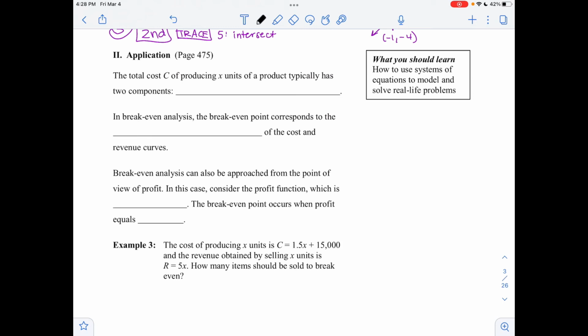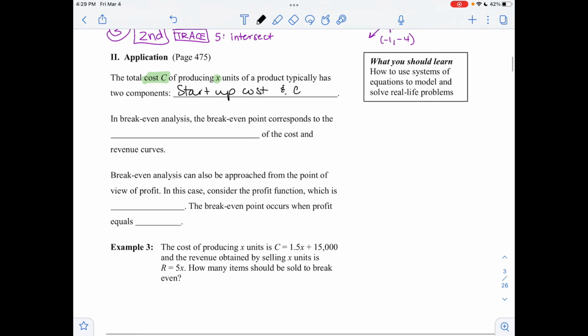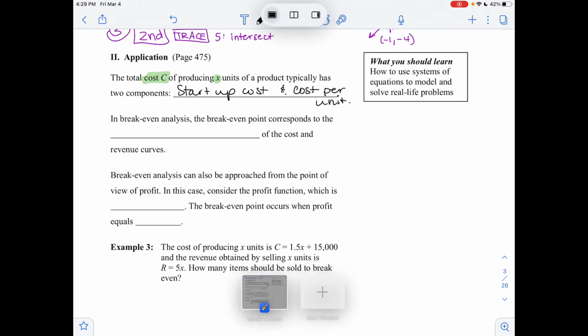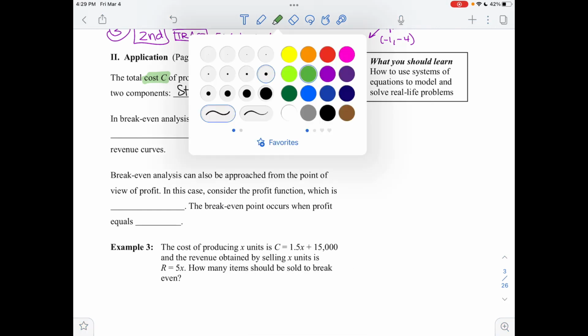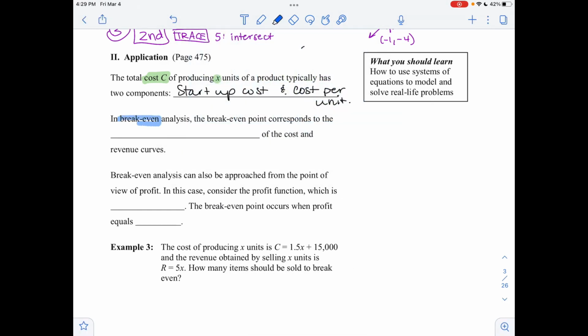And then lastly, our application. The total cost C of producing x units of a product typically has 2 components. One is the startup cost, and the other is the cost per unit. Okay, so what a break even is, maybe you've heard about this before.